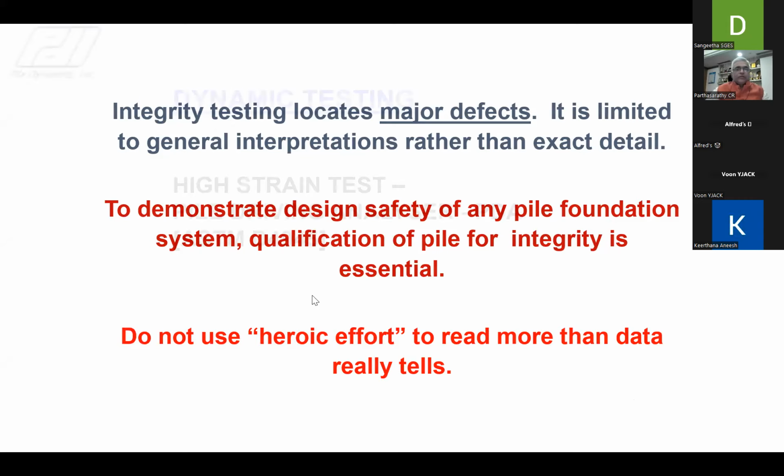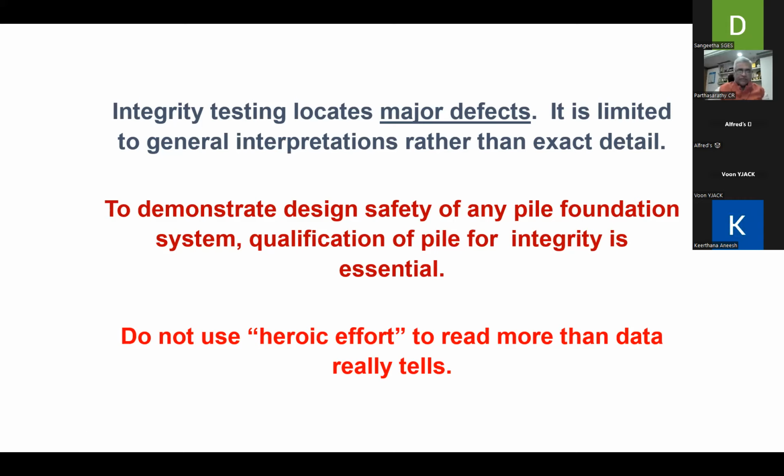Okay. So what are the limitations of this pile integrity test? The wave speed of concrete varies between 3,300 to 4,300 meters per second. Therefore, locating the toe with this wide variation of wave speed could be in error by 5 to 7%.